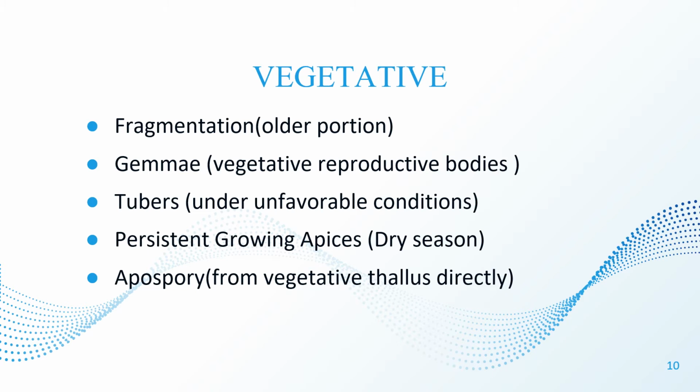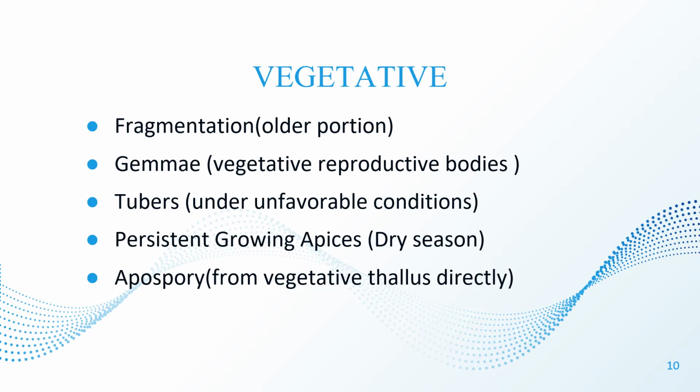They also reproduce by means of tubers. Under unfavorable conditions, what happens? The thallus at different places forms rounded structures. These are called tubers, and these tubers get detached from the main thallus. They are formed under unfavorable conditions.